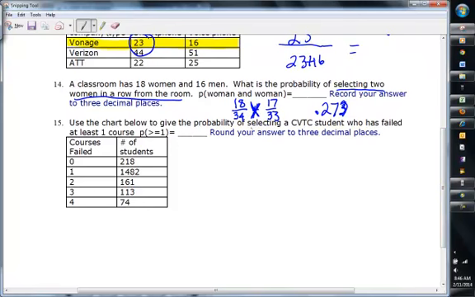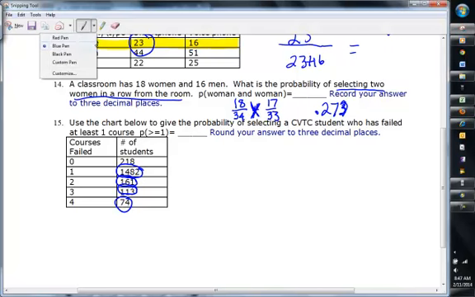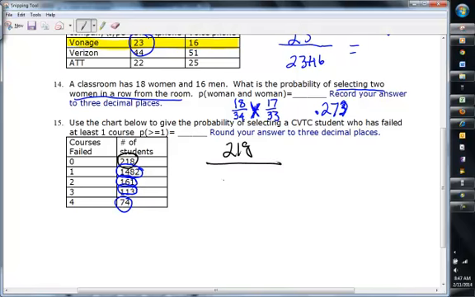Use a chart to find the probability of selecting a student who has failed at least one course. So they failed 1, 2, 3, or 4 courses. At least one, it says. The easiest way to do this is to take the probability that they didn't fail a course, 218, out of the total number of students.